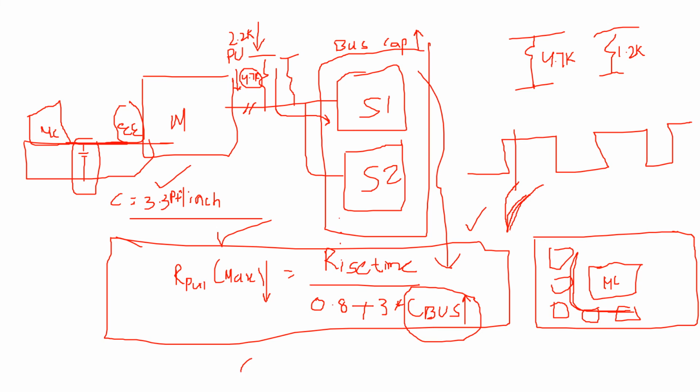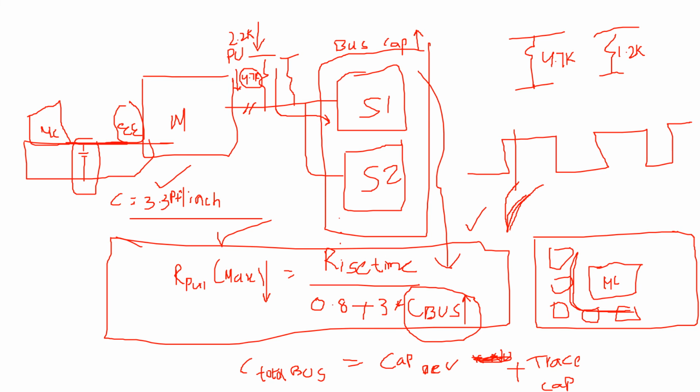Now the total bus capacitance on an I2C is the capacitance of each device on the bus times the number of devices, plus the trace capacitance, or parasitic capacitance.